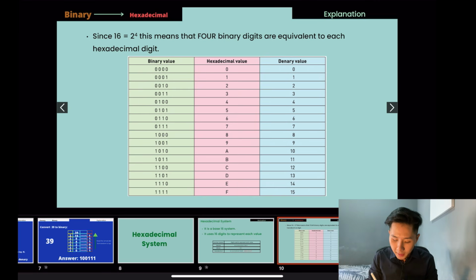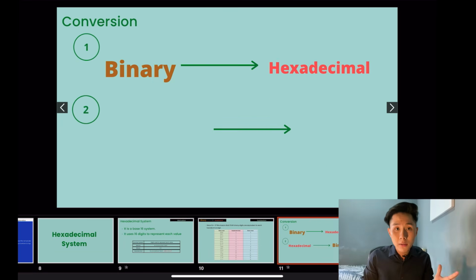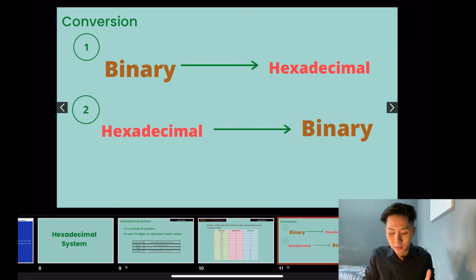As you can see, A in hexadecimal is 10 in denary, and B is 11, and so on and so forth. This table is important. You might need to construct it during your exam to do the following question, which is the conversion of binary to hexadecimal and hexadecimal back into binary.